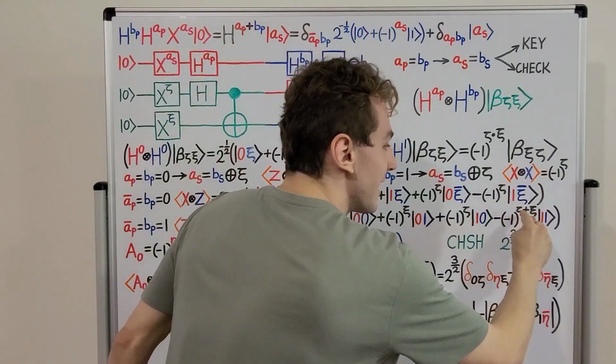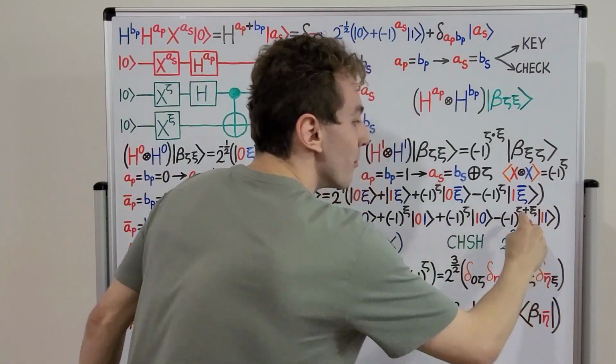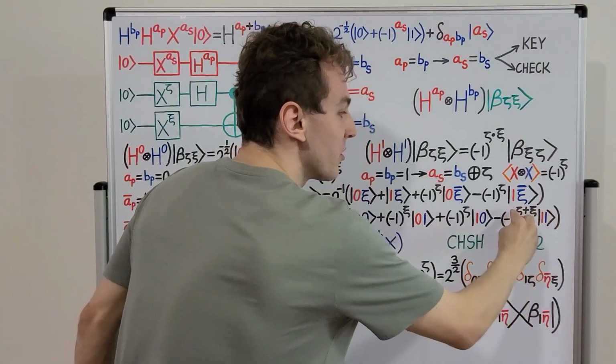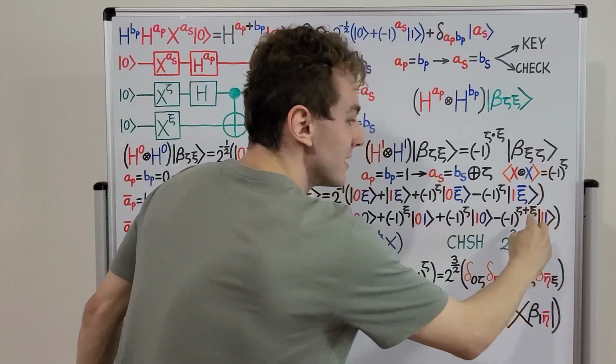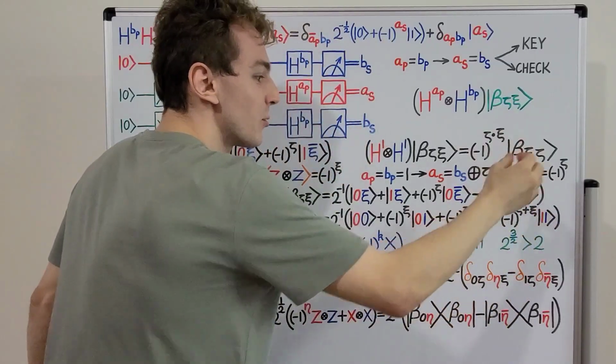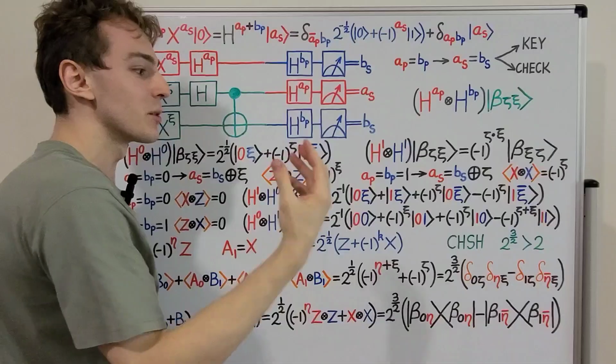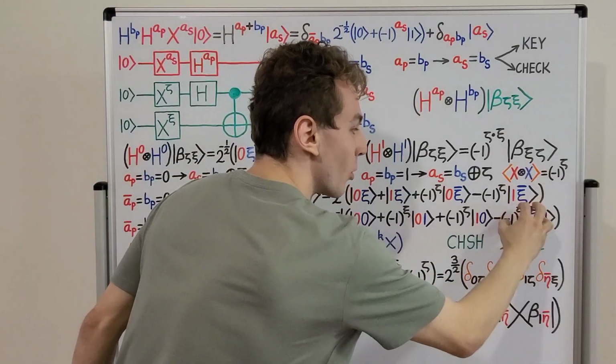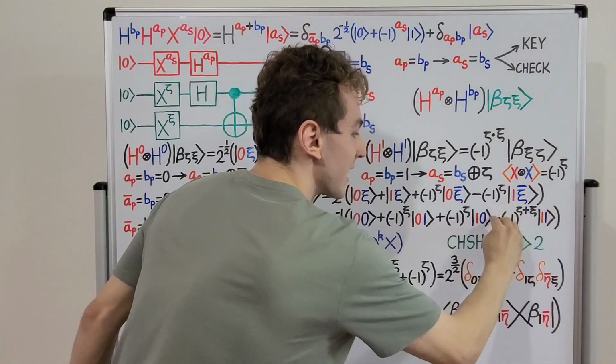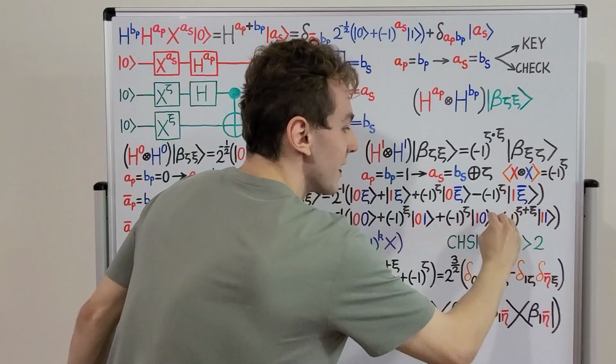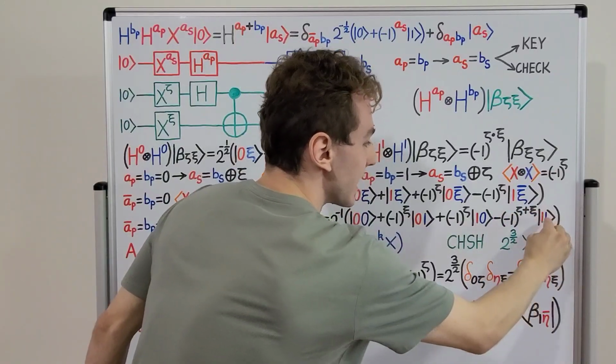So if zeta and xi are both equal to 0 or both equal to 1, that means we're going to have minus 1 to the power of 0 or minus 1 squared, and that's equal to plus 1. So this will become plus 1. And that means we'll just have a minus sign over here. So this minus sign will be multiplying the 1, 1 state.